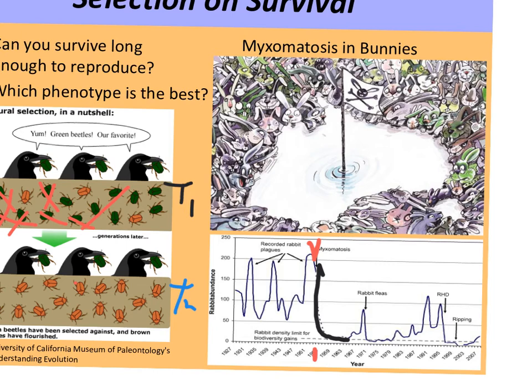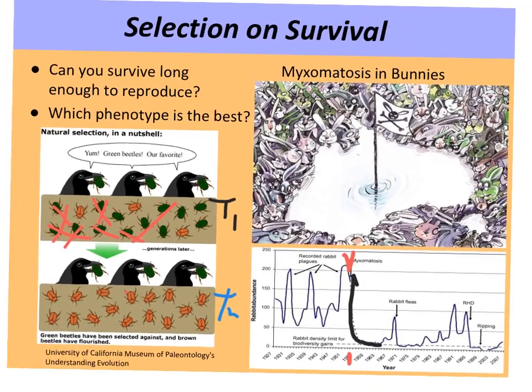There was a reciprocal selection going on, kind of like what goes on between a zebra and a lion, but in this case between a virus and the host of the virus, the rabbit. And in this case, eventually, with the immune systems of rabbits, it only became 30% lethal. And the virus also became less virulent as well. Okay, so that's selection on survival.